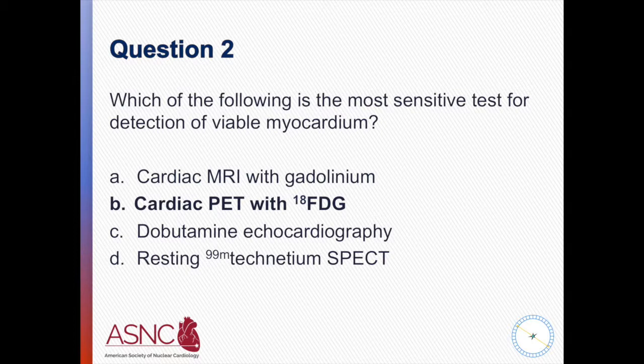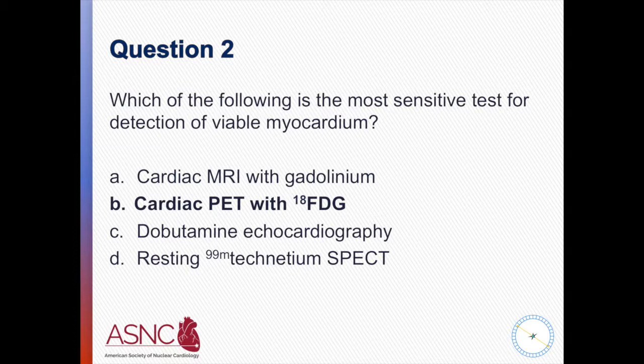Cardiac MRI looks at the extent of scarring and the extent of the left ventricular wall thickness involved with scarring, and therefore predicts absence of myocardial viability in this regard. But what cardiac MRI is not able to do is really determine whether the myocardial region is ischemic or hibernating. It's really more of a scar imaging type of test, which is useful in many cases, but not quite as sensitive for detecting hibernation.